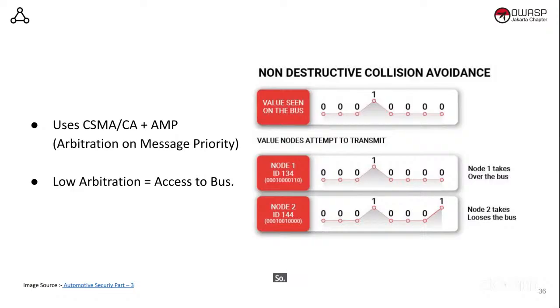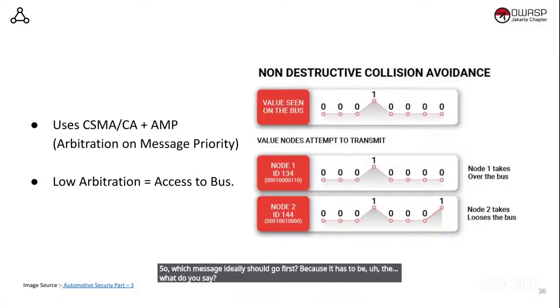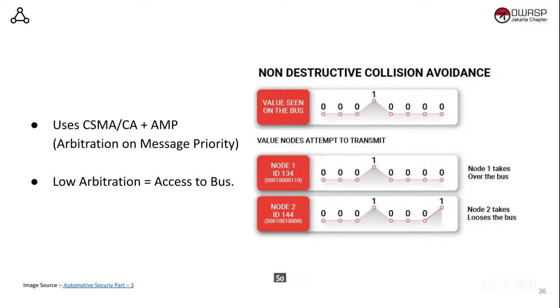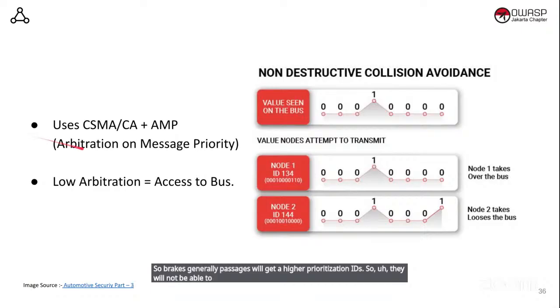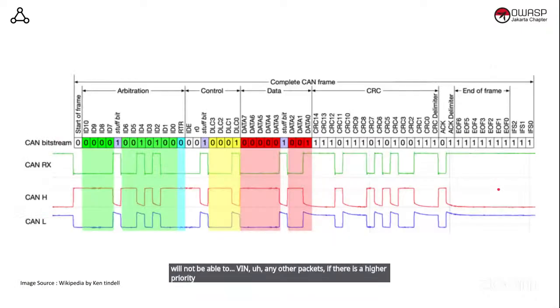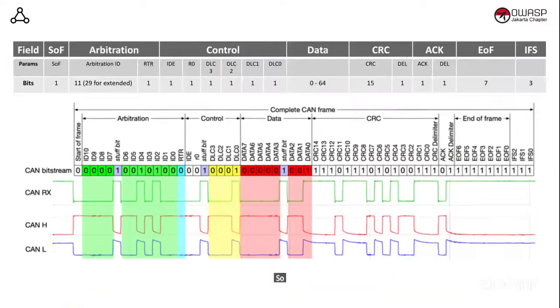Which message should go first, the air conditioning message or the brakes message? Of course, brakes. So brake messages generally get higher prioritization IDs, and other messages will not be able to win the bus if there is a higher priority message.